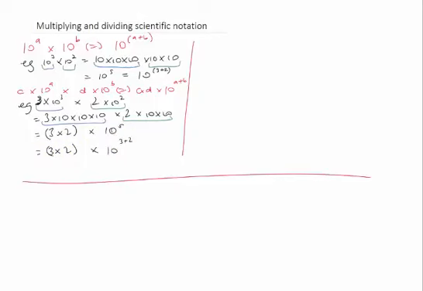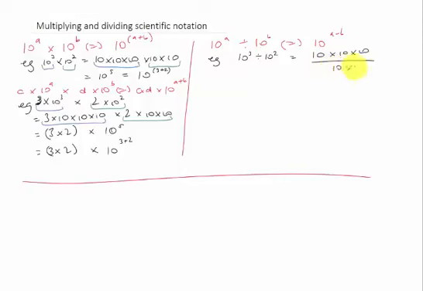Right, so division is quite similar. Let's imagine we've got 10 to the power a divided by 10 to the power b. That is equivalent to 10 to the power a minus b. So we're subtracting instead of adding, but it's the same general concept. For example, 10 to the power 3 divided by 10 to the power 2 would be 10 times 10 times 10 over 10 times 10, because this fraction line is the same as a division.